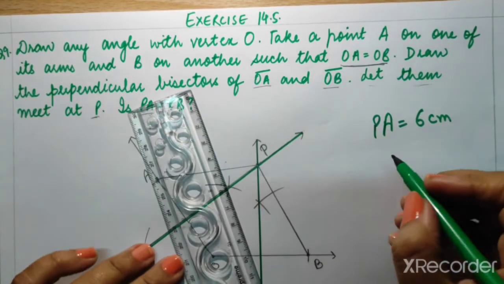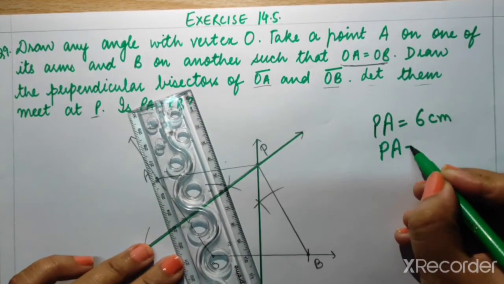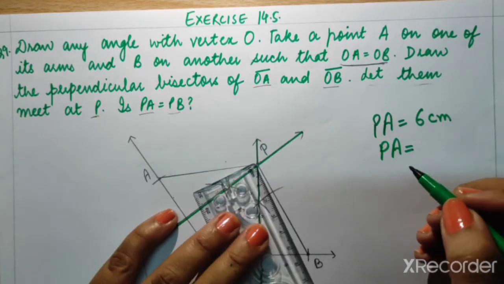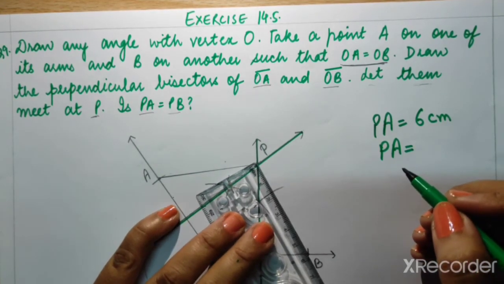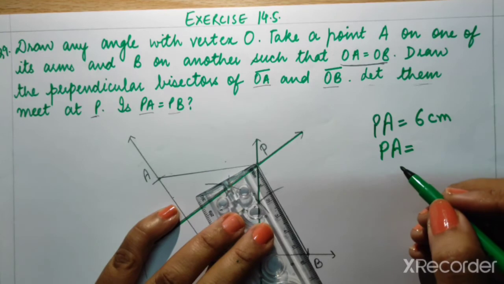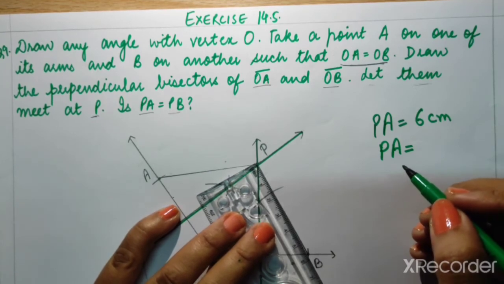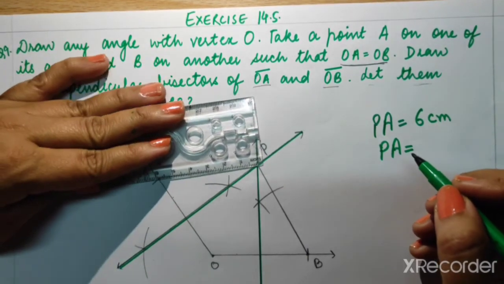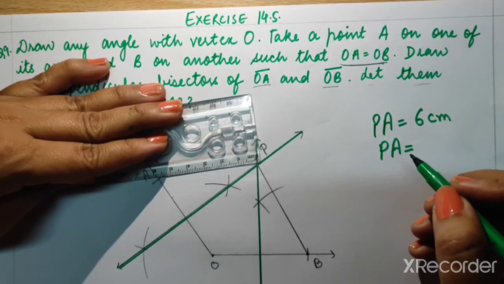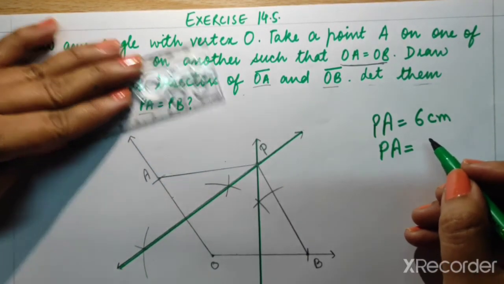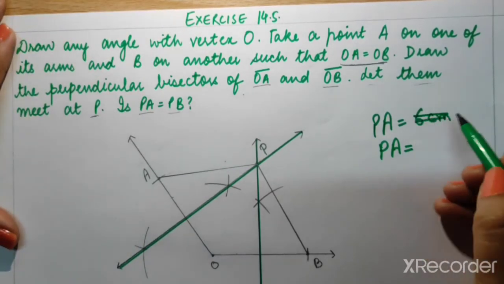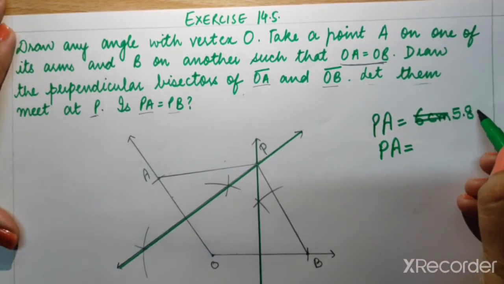You can get different lengths also. Then measure PB also again. This is 5.8. Let's measure PA again. This was my mistake. PA is also 5.8 centimeter, not 6 centimeter.